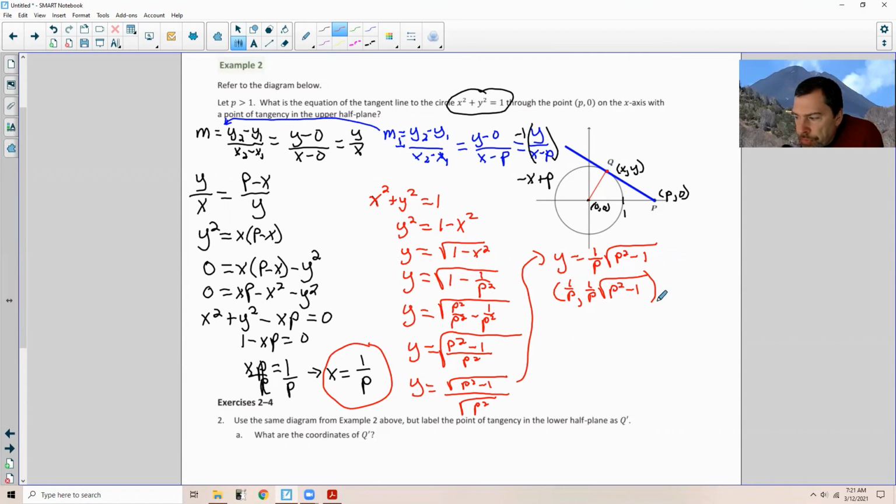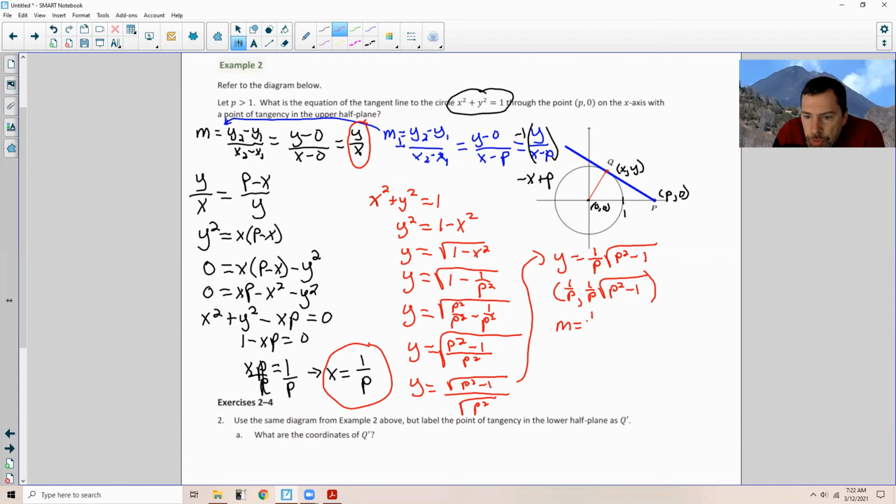So the slope of OQ in terms of P now. If this is my point, the slope is y over x. So our slope now in terms of P would be y over x.